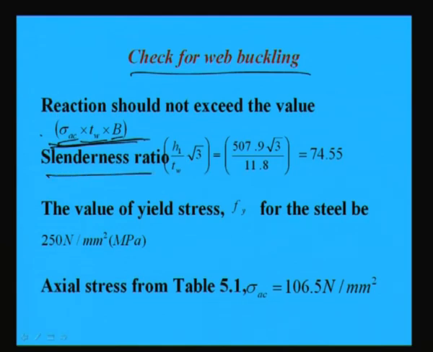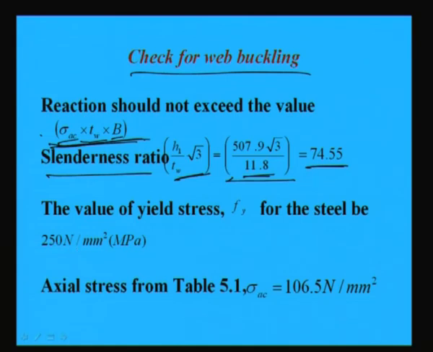The slenderness ratio is H1 by TW into root 3, which we have derived earlier. If we put this value, we get the slenderness ratio as 74.55, because H1 is 507.9 and TW is 11.8.